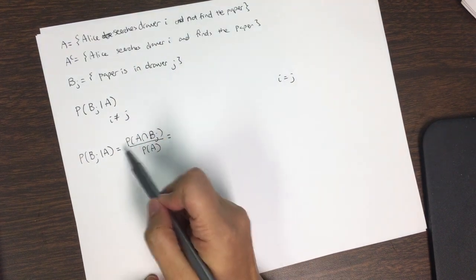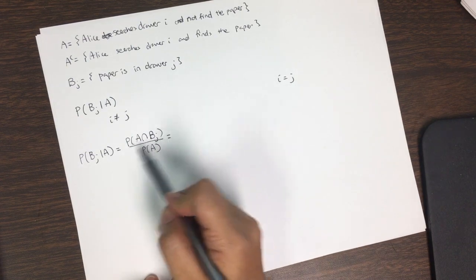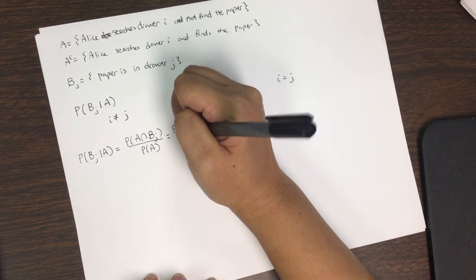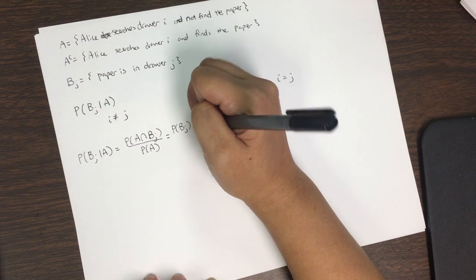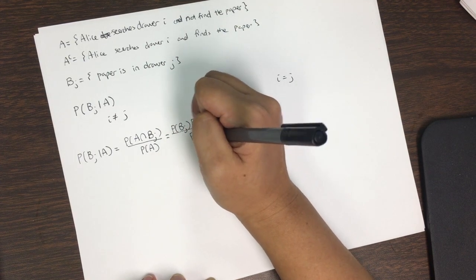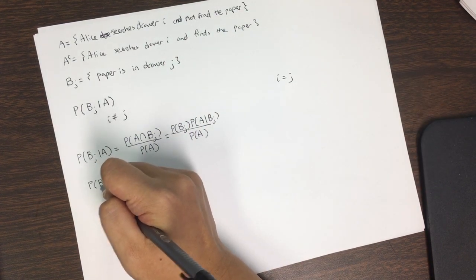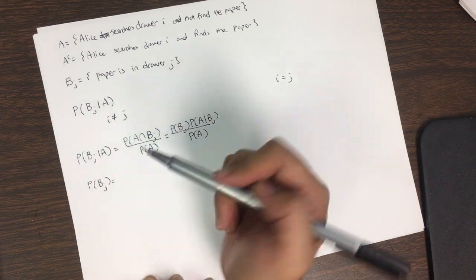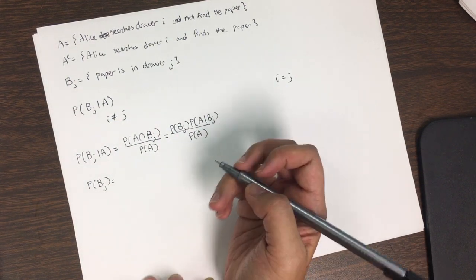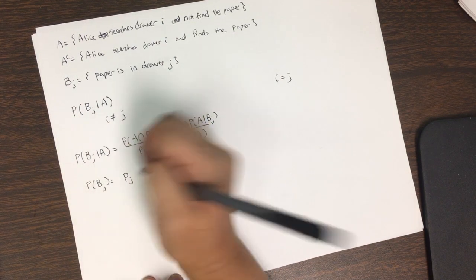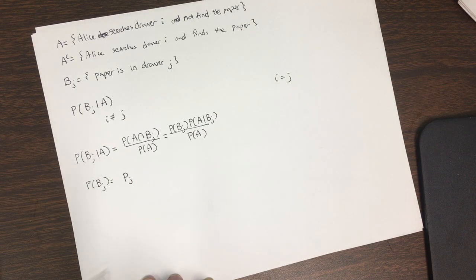The numerator here we're not told directly, but we can also apply the definition of conditional probability, and we get the probability of A given Bj times the probability of Bj, divided by the probability of A. So Bj is the event that the paper is in drawer J, and we're told in the problem that this probability is Pj.